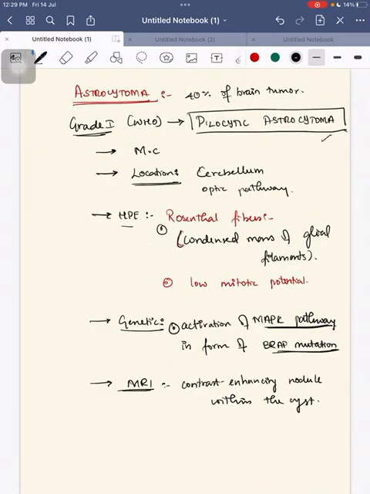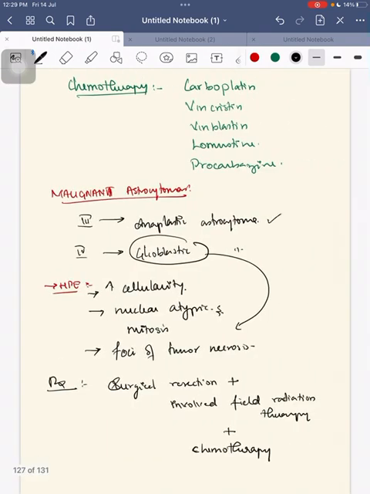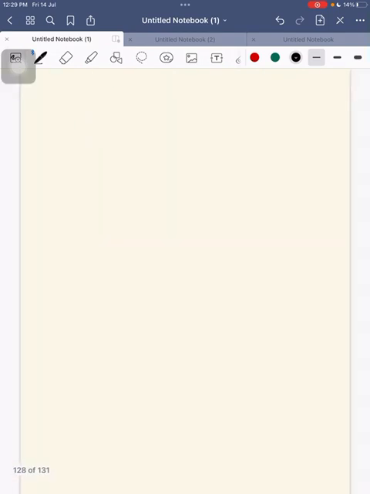First grade is pilocytic astrocytoma, second one is diffuse astrocytoma, third one is anaplastic astrocytoma, and fourth is glioblastic astrocytoma. Next we will go on to the second tumor, that is ependymal tumors.